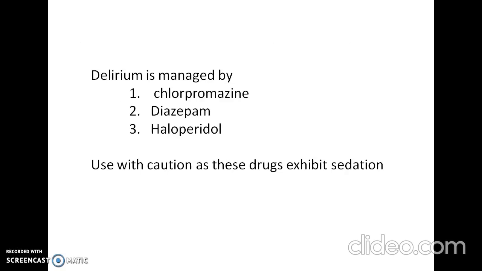Then coming to the management, delirium is managed by administration of chlorpromazine, diazepam, haloperidol. We should use these drugs with caution, as these drugs exhibit sedation as a side effect.